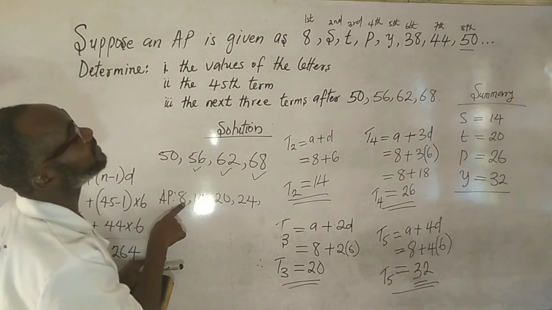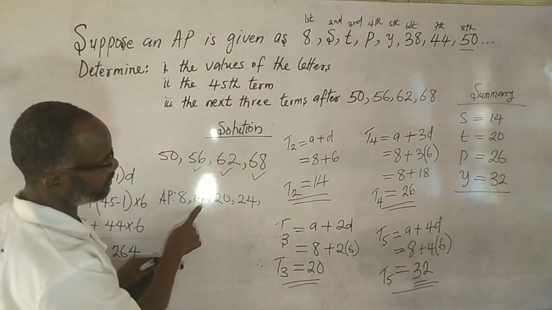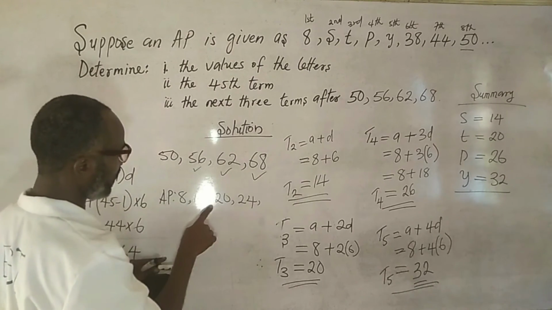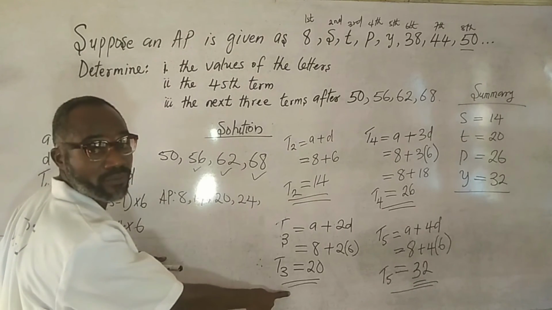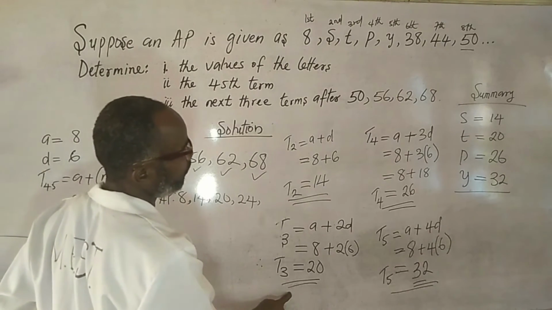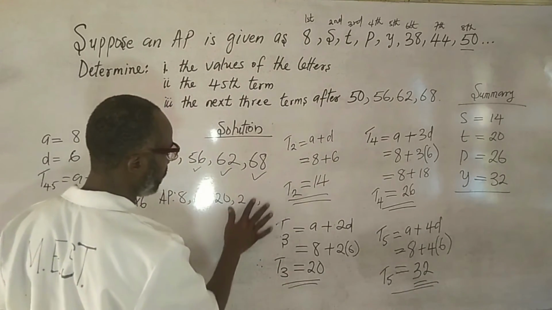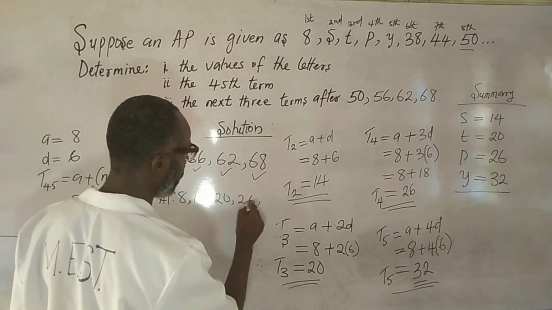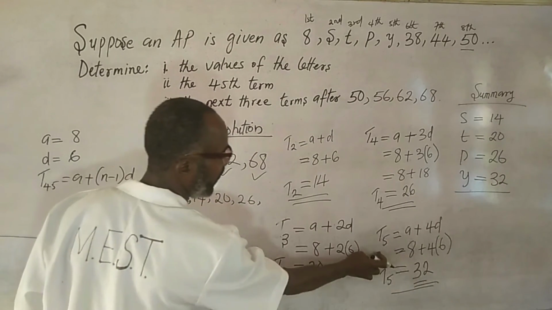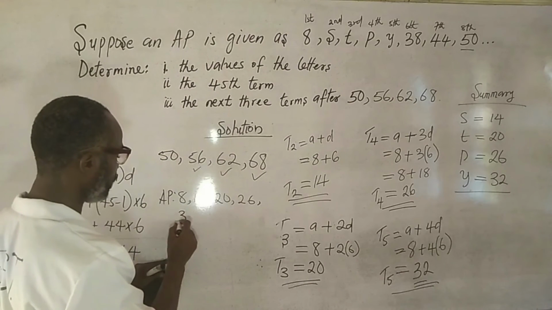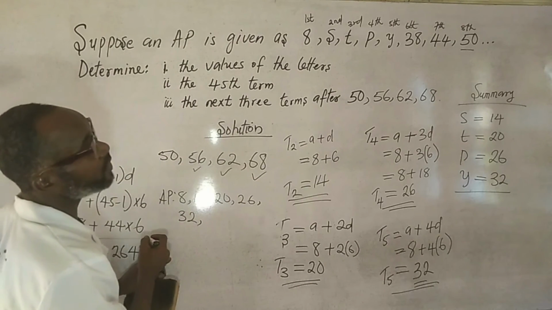The first one is this, second one is this. And then T4 is 26, and then T5 is 32, alright? Okay, we go that way.